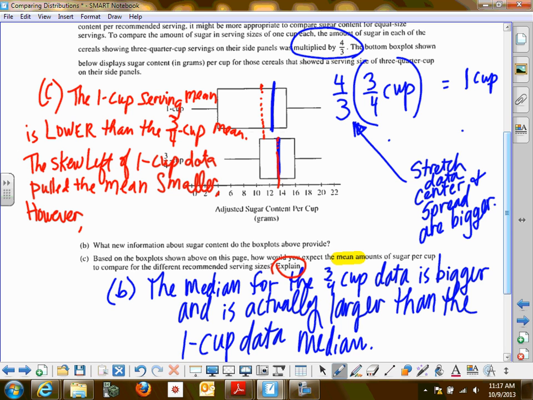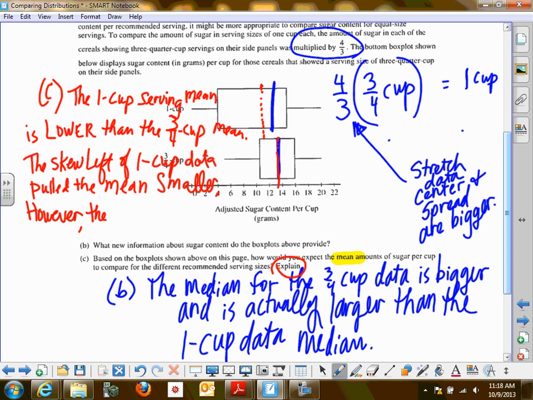However, what about the other one? The symmetry of the other box plot maintains the mean and the median about the same. Agree with that?